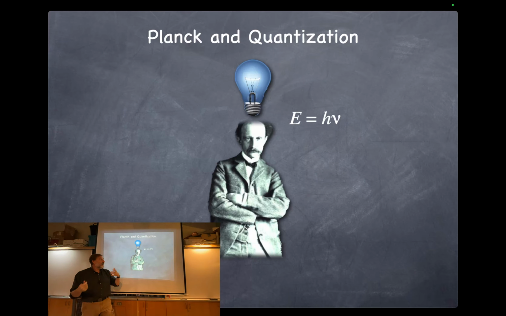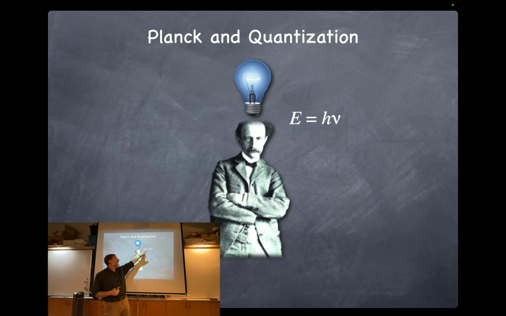And so what Planck does is he is said to quantize the light. Like we sort of said with atoms, they come in individual atoms. There's a smallest piece. That same idea happens to light.